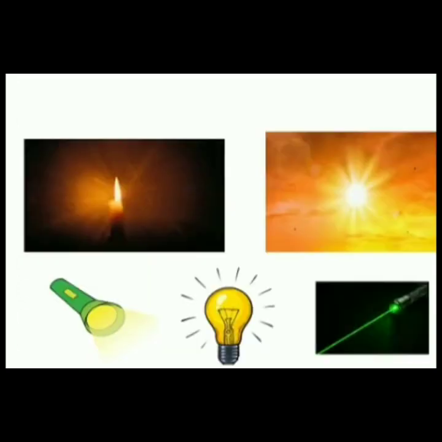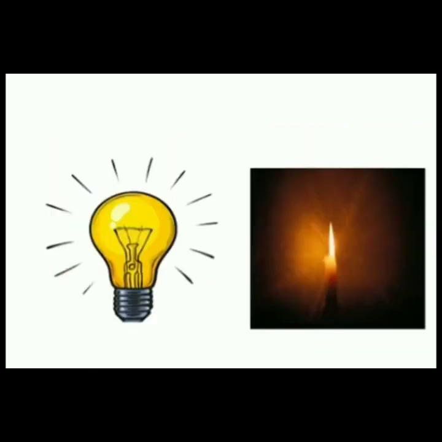If you compare light from a bulb and a candle, they are not exactly the same. Similarly, if you compare a torch with the sunlight, they are also different. So these are all different sources of light, and they are different from one another.